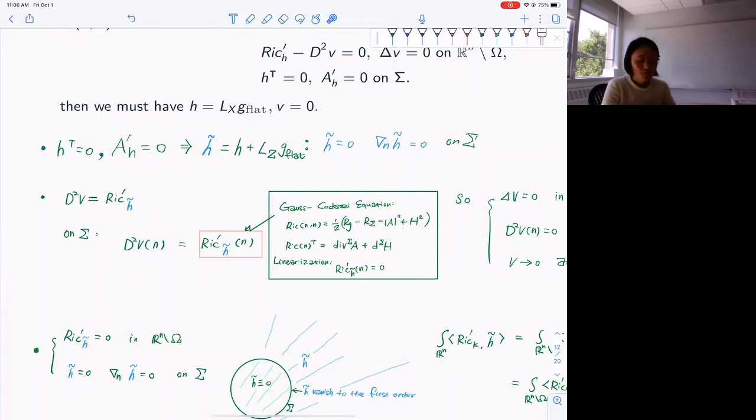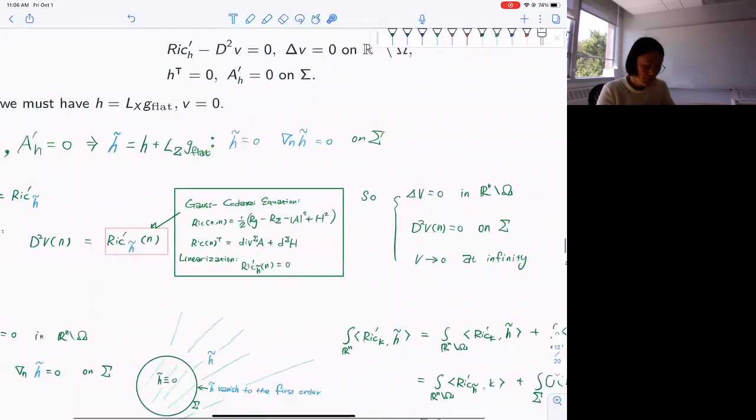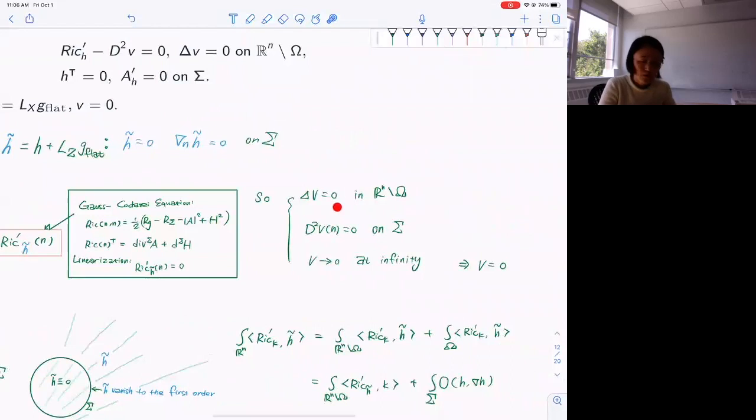Therefore, the Hessian of V contracted with n is equal to 0 on the boundary. So we get this system for V. It's harmonic inside. We have this boundary condition, and it decays to 0 at infinity. From this, it's very easy to derive that V should be 0 everywhere.